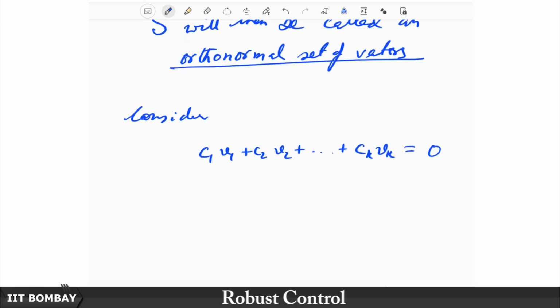Let us see. So, let this be V. Suppose V is given as a linear combination of these vectors, or that it belongs to the span of this set of vectors S. That is just another way of saying it. Now, if we take, for example, the inner product of V1 with respect to V, what do we get?